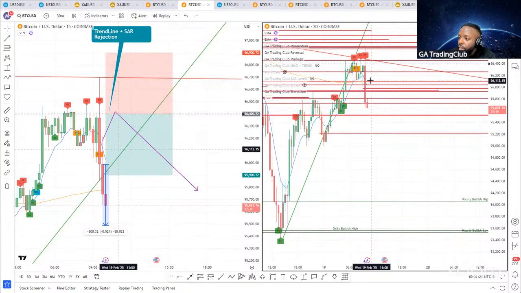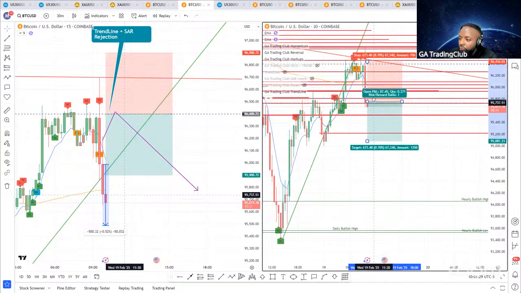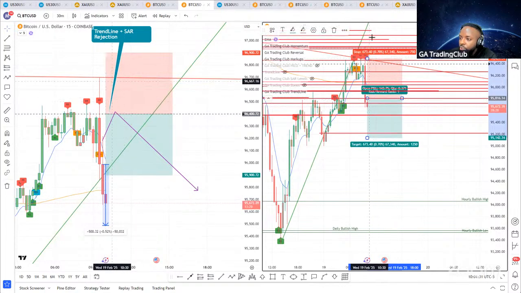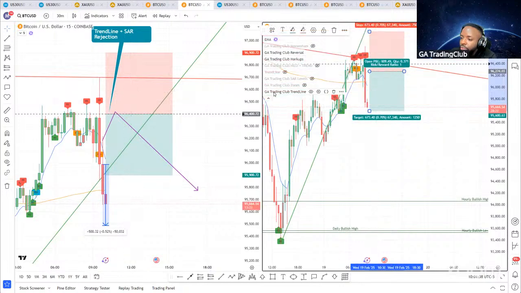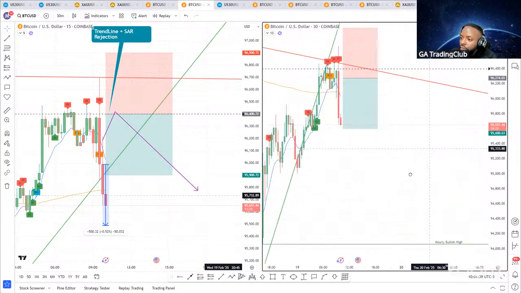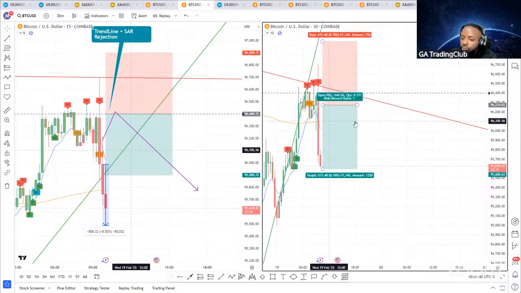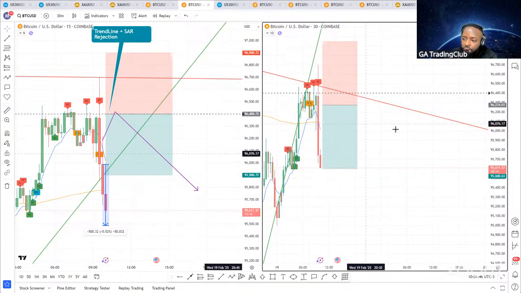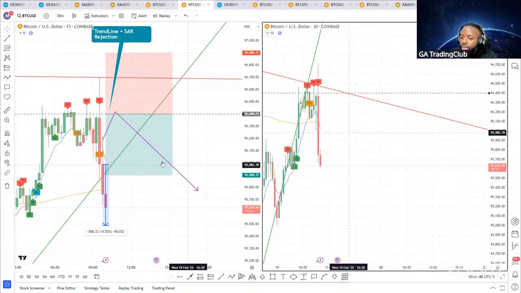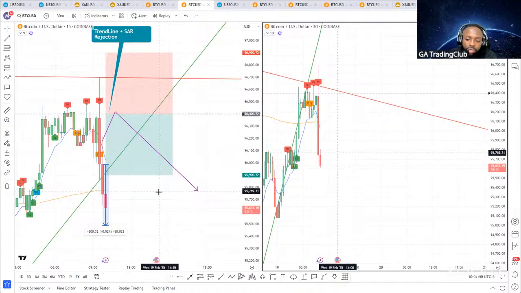The entry here, yes, you can do below the closest SAR, with stop loss above the previous high, but for me, I always go for the most optimal SAR. So for the 30-minute time frame on BTC, the trade I would take would be somewhere around here. And since this is close enough to the 15-minute entry, I would rather just keep the 30-minute entry and then take the 15-minute entry as well.